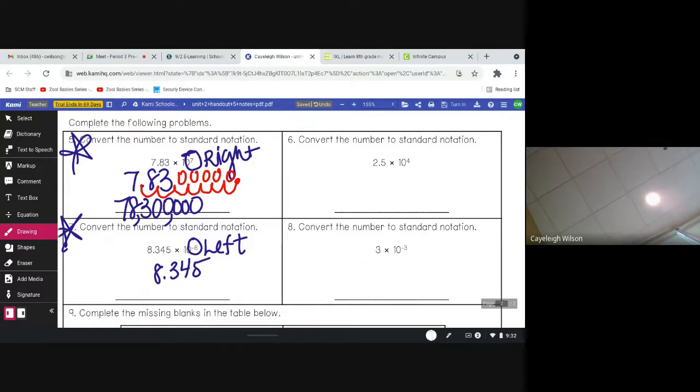Okay, so I'm going to take my decimal and move it to the left 6 places. 1, 2, 3, 4, 5, 6. And I'm going to have to fill in zeros.